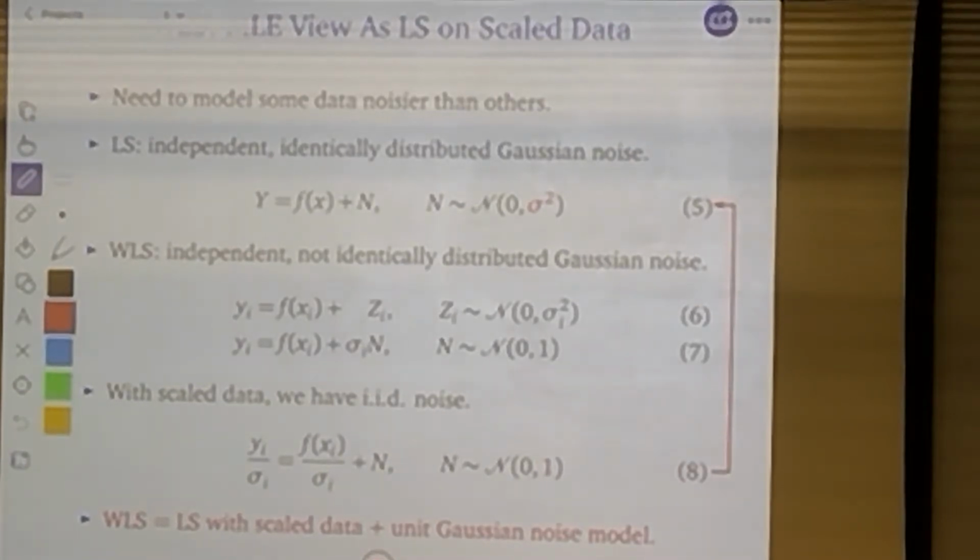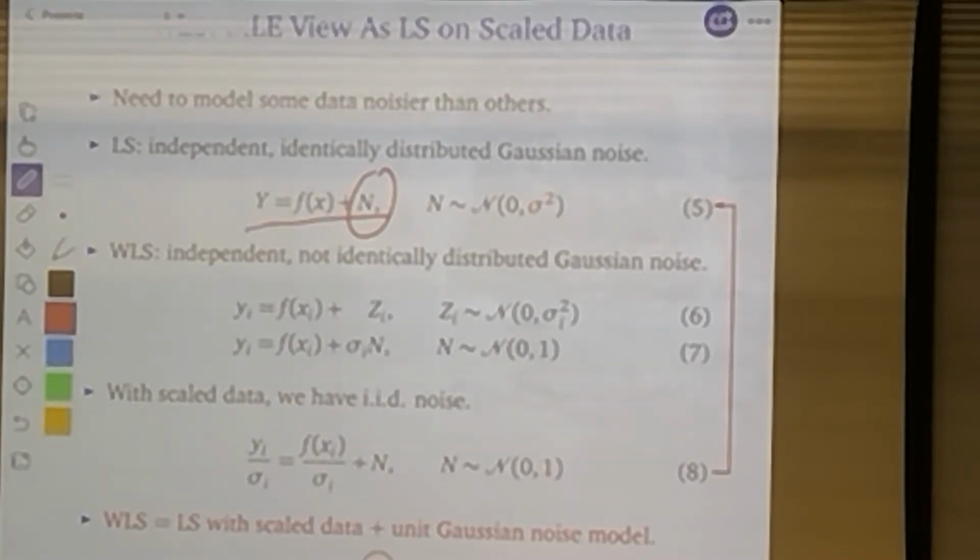And we can also take a maximum likelihood probabilistic view of this weighted least square. One way to derive this is to model the fact that some data are noisier than others. So instead of the usual least square, where the noise is IID and all follow the same distribution, we assume that each noise has its own standard deviation.